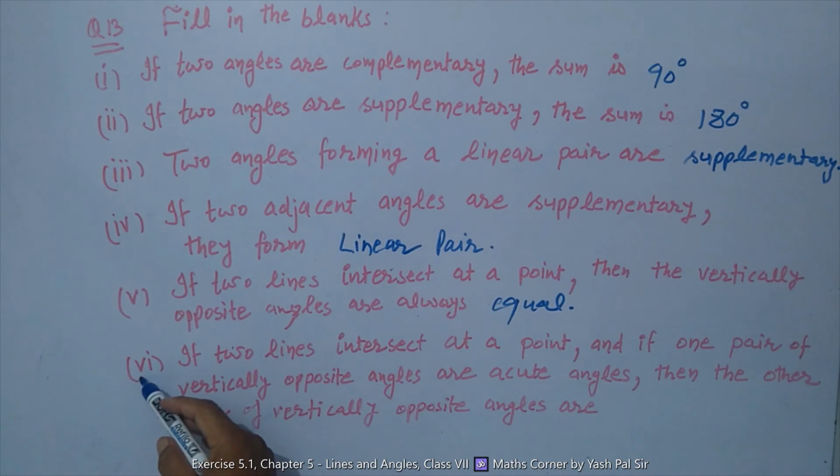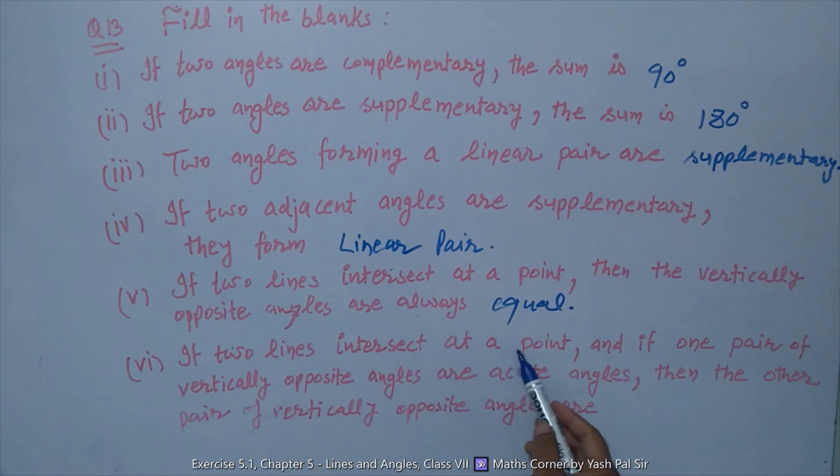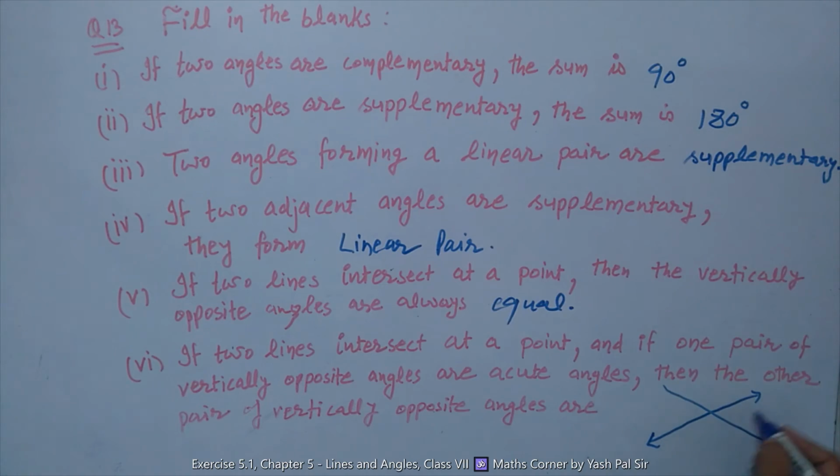Last part, sixth part of question number 13. If two lines intersect at a point, suppose this is line 1, L1, this is line 2, L2. They intersect at one point, and if one pair of vertically opposite angles are acute angles, we see that these two angles are less than 90 degrees, so they form acute angles.